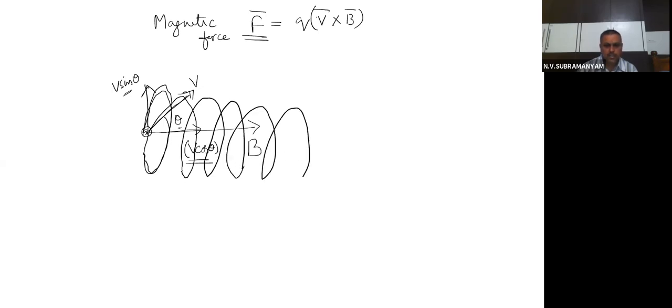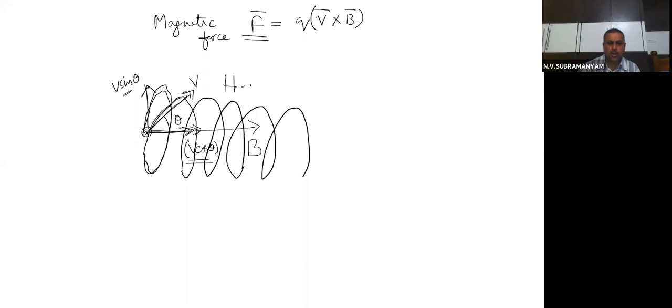What is this path? This v cos theta component is the forward component, pushing the particle forward in this situation. So when theta is other than 90 degrees and 0 degrees, the v cos theta component makes the particle undergo helical motion.